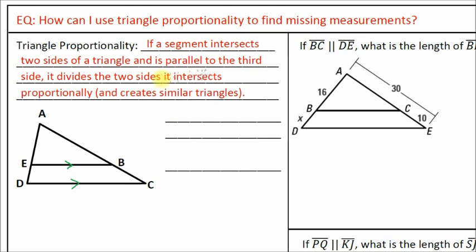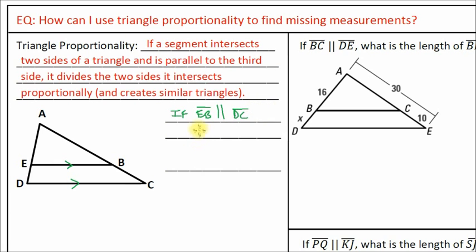If those two things are true, then segment EB divides the two sides it intersects proportionally. That means this side right here, AD, and this side right here, AC, have been divided proportionally with points E and B. Let's write that out in math terms. So we're going to say if segment EB, and remember these two lines right here, I'm going to write them a little clearer for you, these two lines mean is parallel to segment DC or side DC.